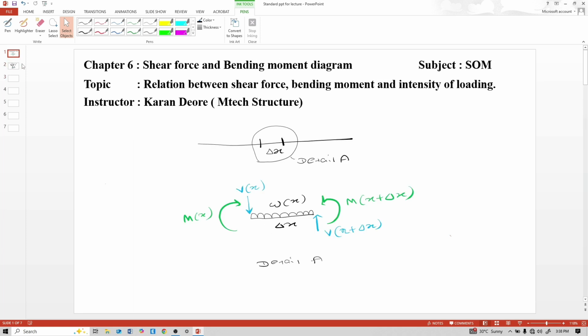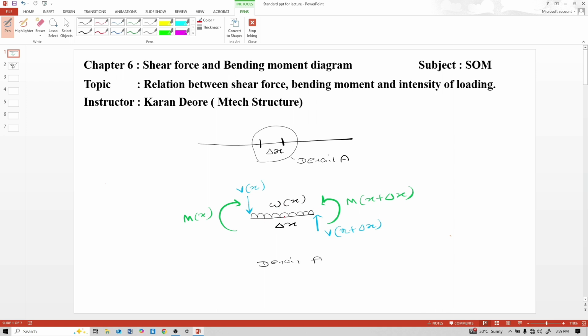Now next, take moment. See, if we take moment at this point, that means this V gets cancelled, and the moment at here, that means this V of x and this W of x act.